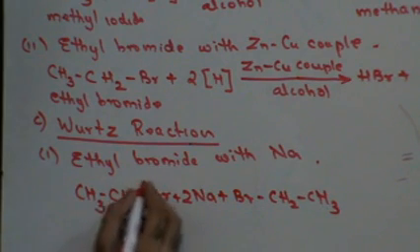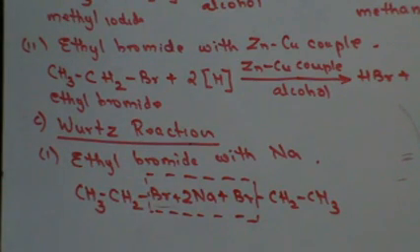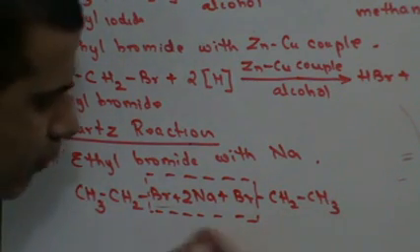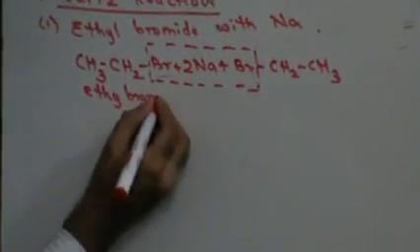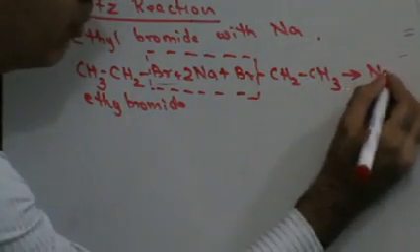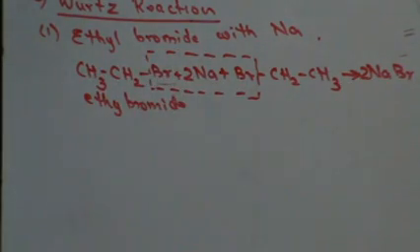The reason I wrote it this way is that I want to show you that the 2 atoms of sodium will combine with 2 atoms of bromine to form sodium bromide, NaBr.